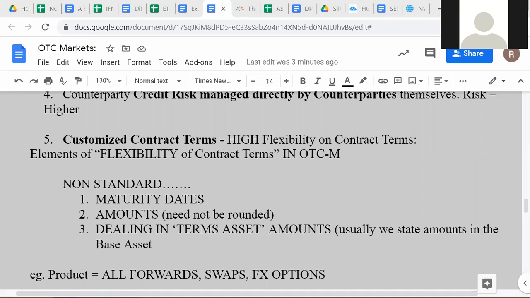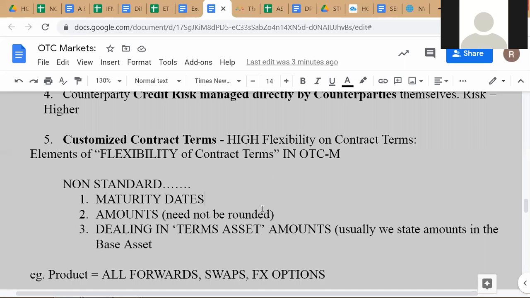They can ask for an odd maturity date. That means they could ask for a price where the transaction date will be today, and the settlement date will be maybe 7 months and 9 days, something odd like that. Not a round amount of 7 months. So they can ask for that, and UBS Zurich will quote them.